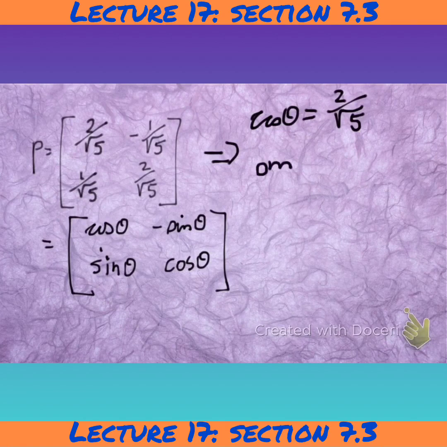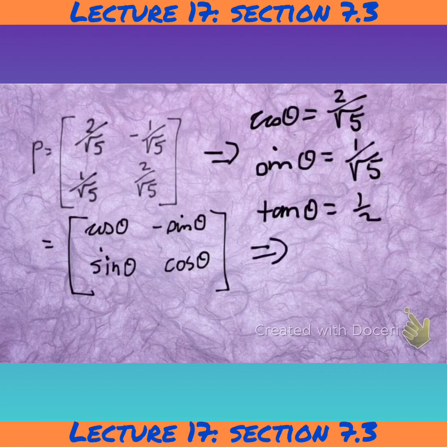We've got sine theta equals 1 over the square root of 5, and therefore tan of theta will be 1 over 2, implying that theta is 26.6 degrees.